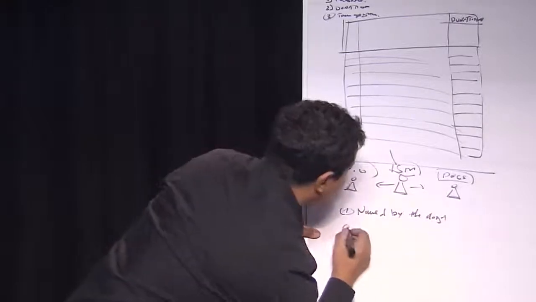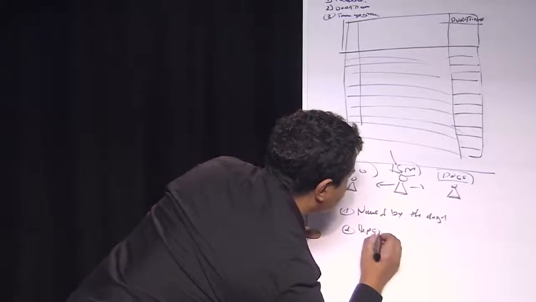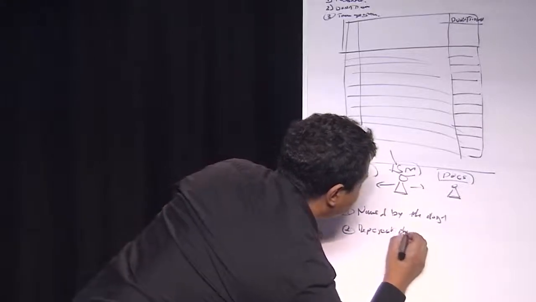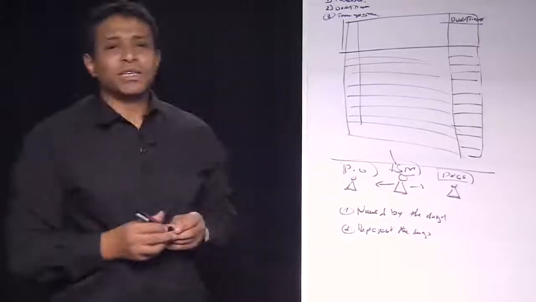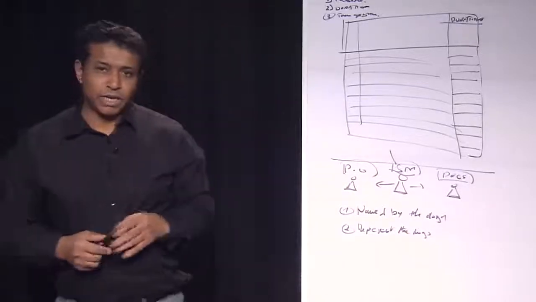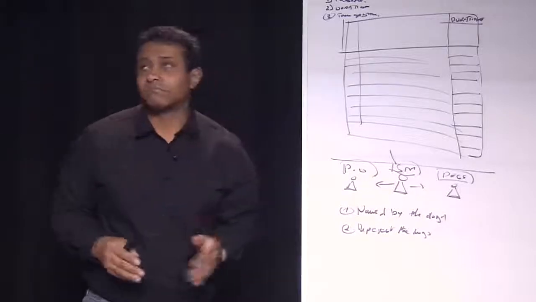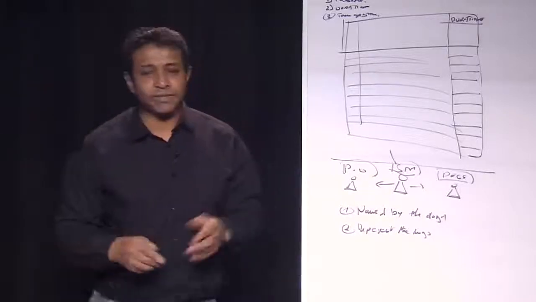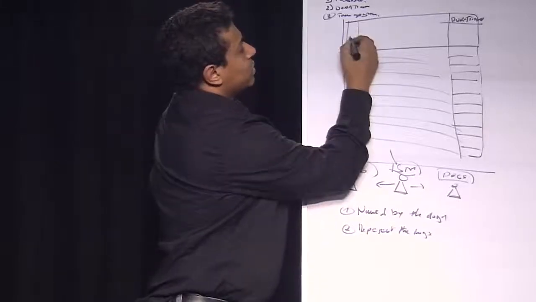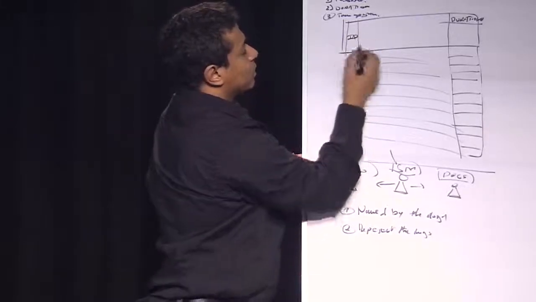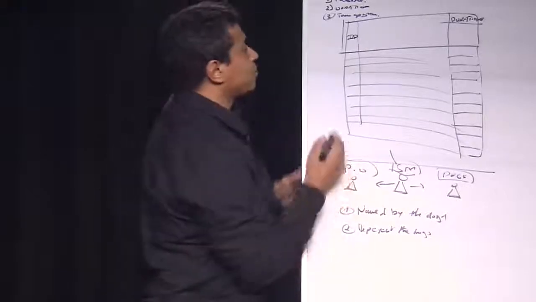His function is to represent the devs. What does it mean, represent the devs? It means that once a week, more or less, he's going to see the backlog to say, okay, what's the priority you've been telling, Mr. Product Owner?